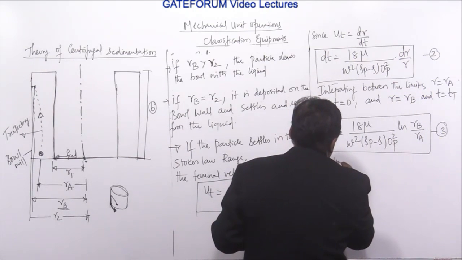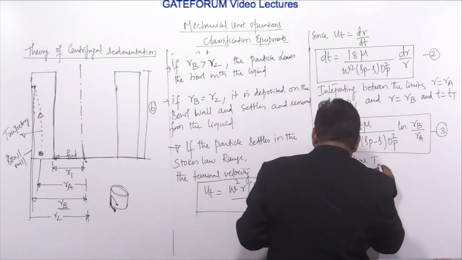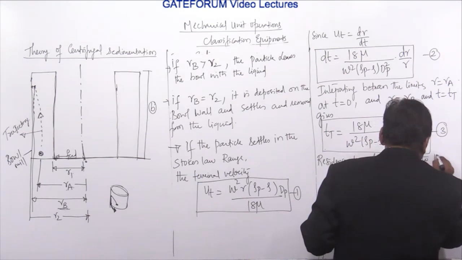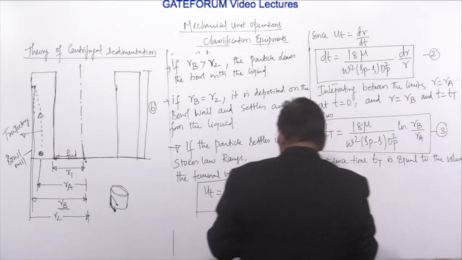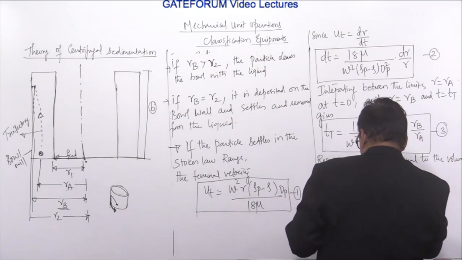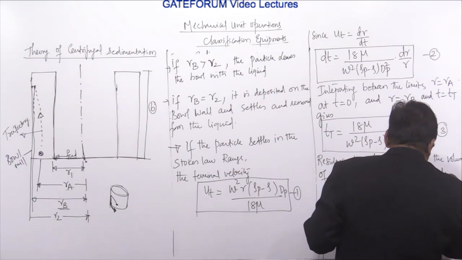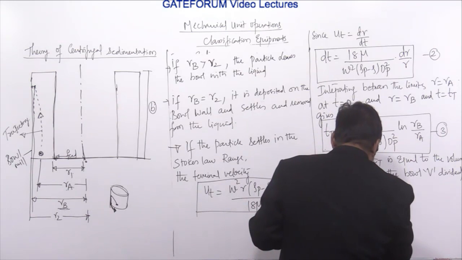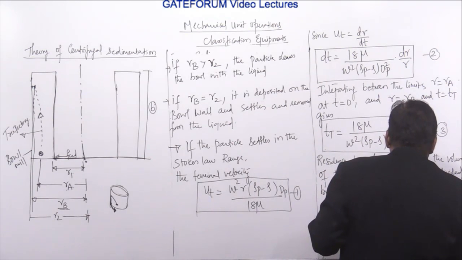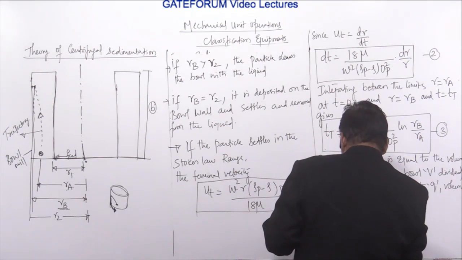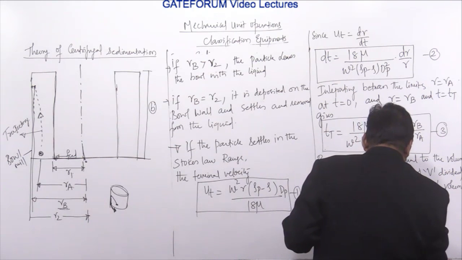Residence time tt is equal to the volume of the liquid in the bowl V divided by the volumetric flow rate Q, where the volume V equals pi b into R2 square minus R1 square.